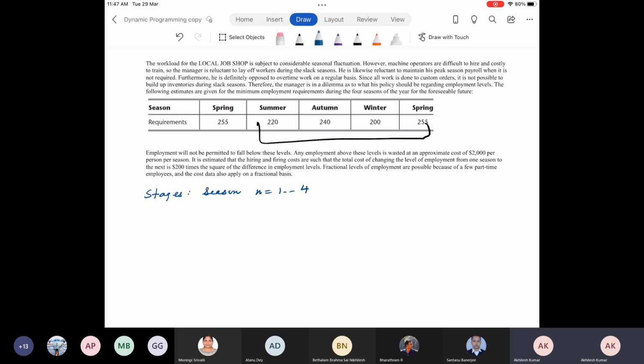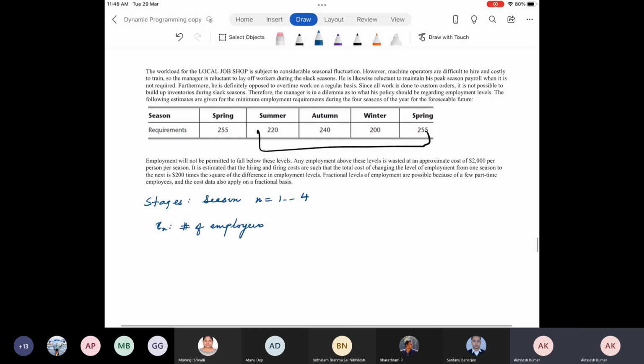Now, if these are my stages, what decision do I need to take for these seasons? Number of employees. So let me say Xn equals number of employees. Okay.